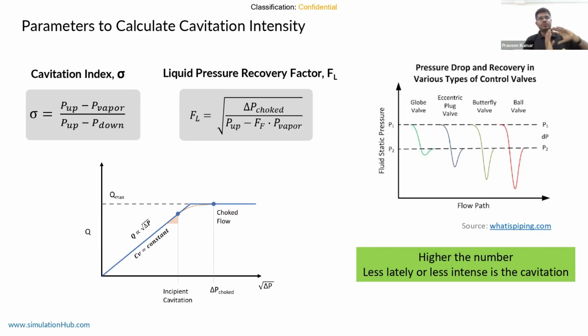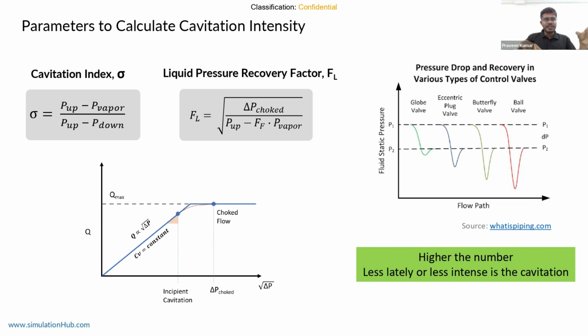So far we have seen what cavitation is, how it impacts the valve performance, how it damages the valve trim, and how to eliminate or combat cavitation. Now, how do you measure the intensity of the cavitation or the effect of the cavitation? There are two major parameters. One is the cavitation index. The other one is the liquid pressure recovery factor.